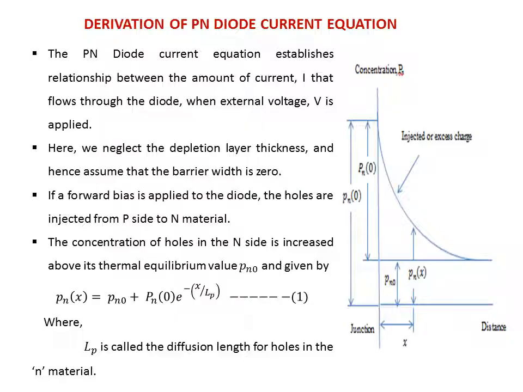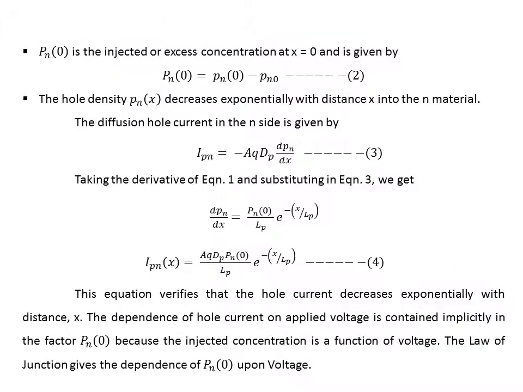The injected or excess hole concentration decreases exponentially with the distance in the N side. Pn of 0 is the injected or excess hole concentration at x equals 0, which is given by equation 2. Pn of 0 equals pn of 0 minus Pn naught.